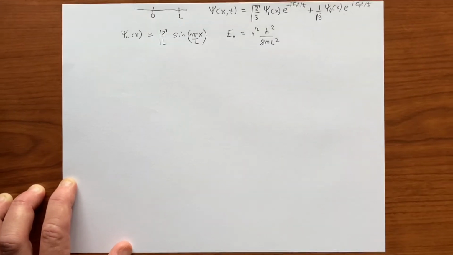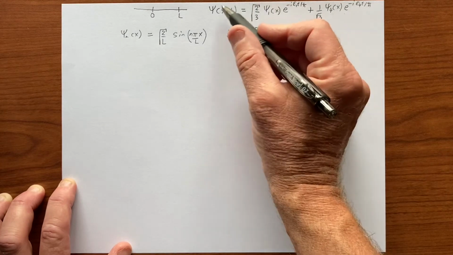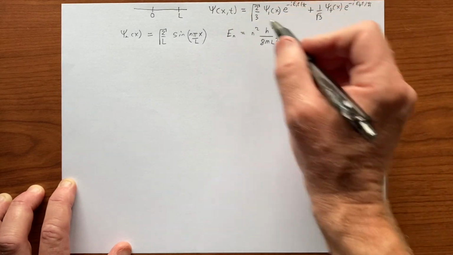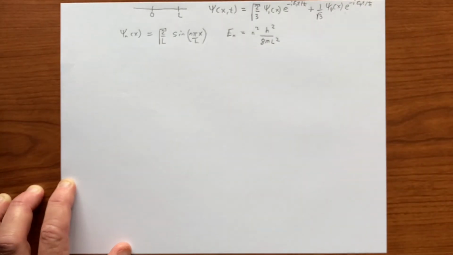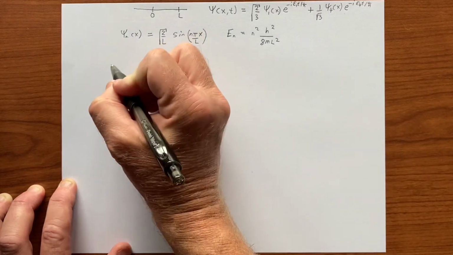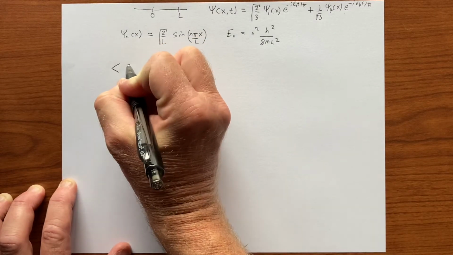And we can imagine doing this many times, having many systems in exactly that state, and then measuring the energy, and then calculating the average of all those measurements. So let's calculate the average.